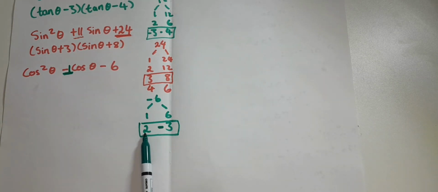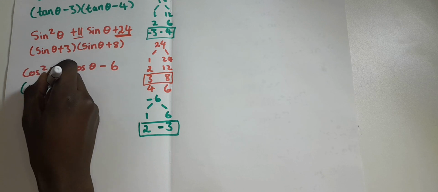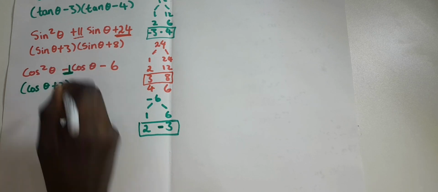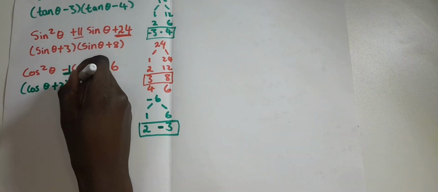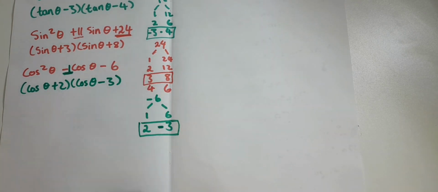So my factors would be 2 and negative 3. So now we'd have cos theta plus 2, and then cos theta minus 3, and then close bracket there. So guys, this is where I stop for trigonometric trinomials.